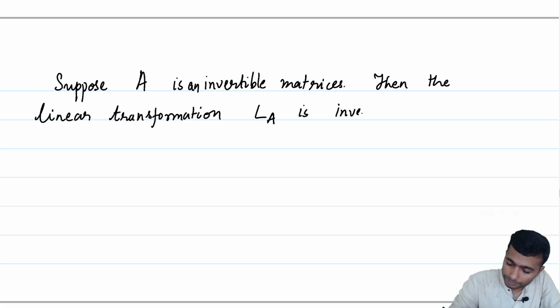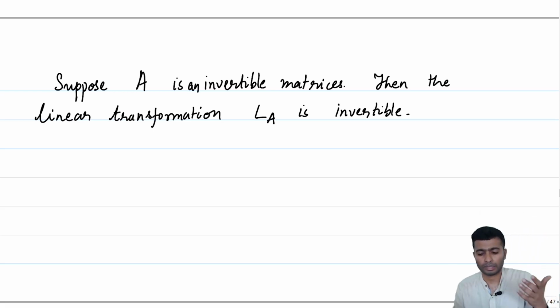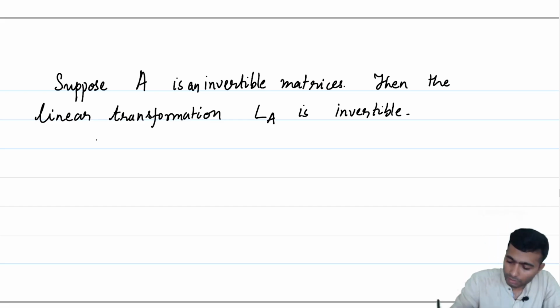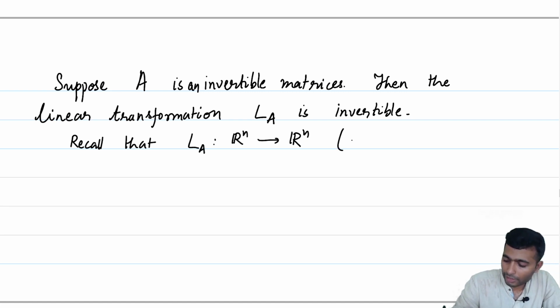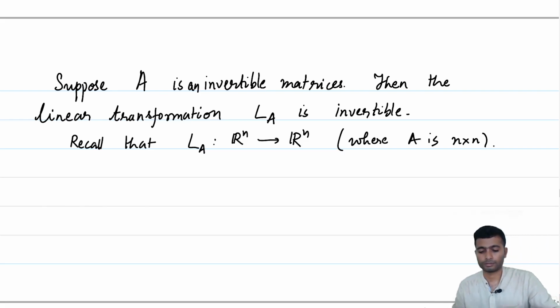But recall that LA is a linear transformation from Rn to itself, because A is n cross n, where n is the size of A.